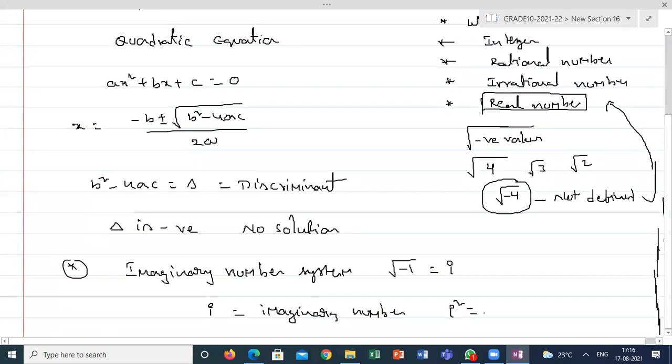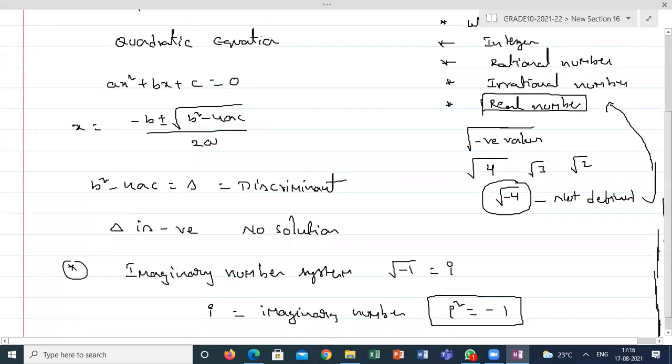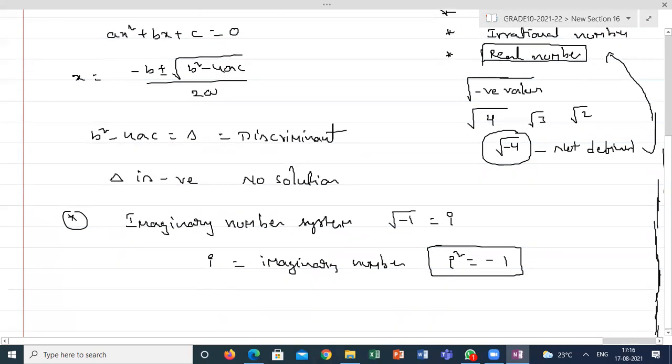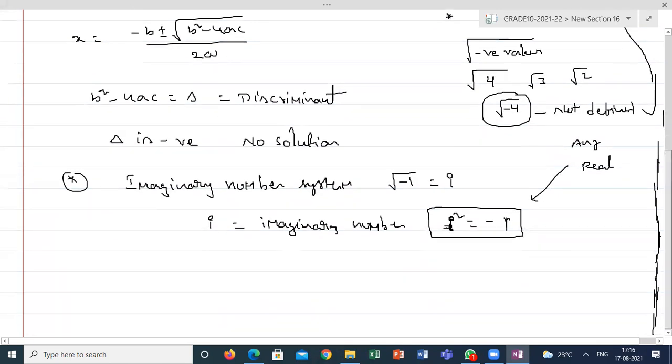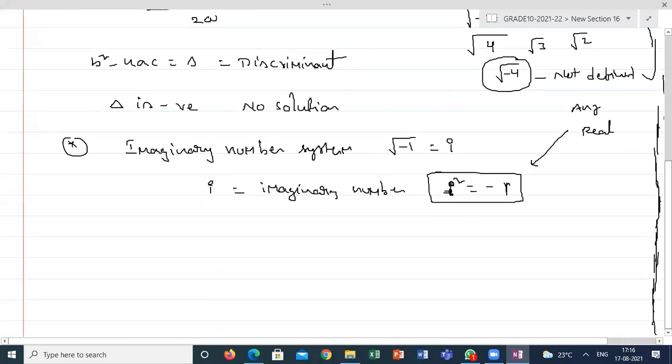The square of i is equal to -1, which is not possible for any real number. Then they were able to explain the concept of the root of negative values with this imaginary number system. What I'm trying to say, students?